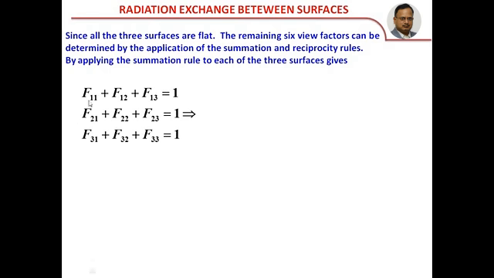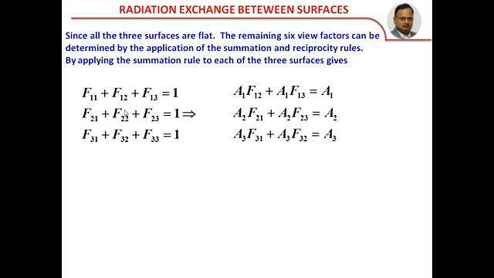And already we have seen F11 equal to F22 equal to F33 equal to 0. And we know the equation, you multiply this with A1: A1 F12 plus A1 F13 equal to A1, A2 F21 plus A2 F23 equal to A2, and this equation is multiplied with A3. You remember, diagonally these 3 values F33, F22, F11 are 0 because they are flat.